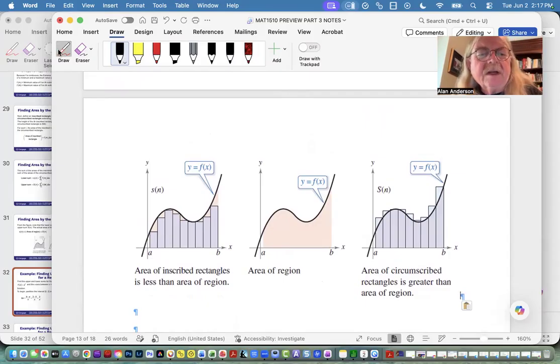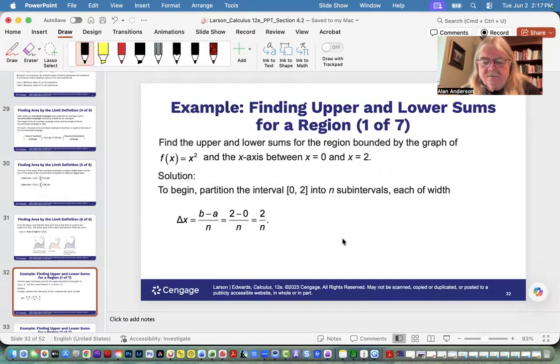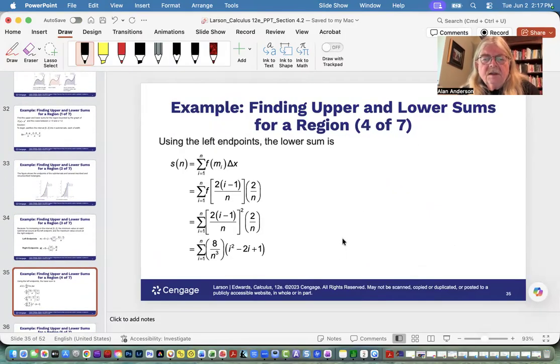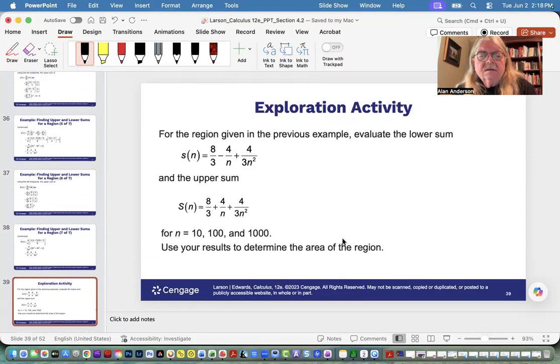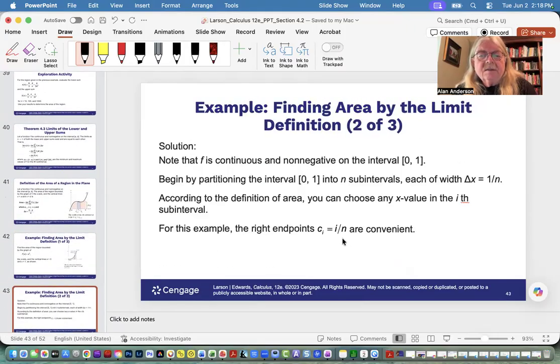If we added up all these rectangles, and this, of course, must be the upper sum, and this is the actual area. Okay, so what they're going to do is run through here. Wow, this looks like a complicated example.